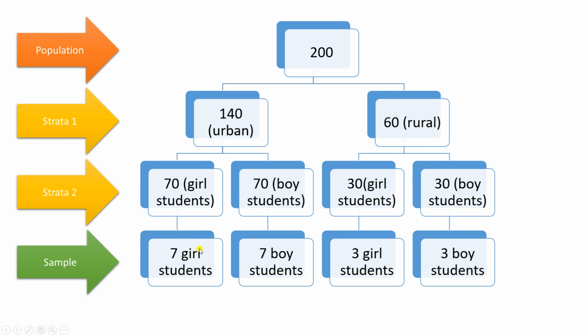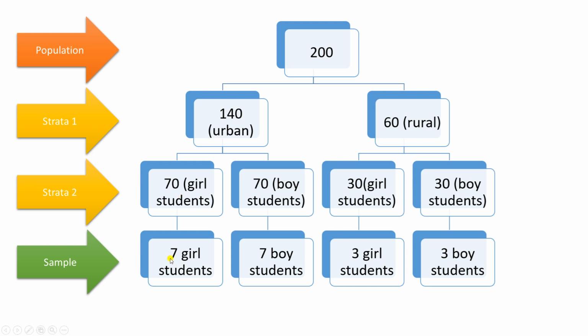Why? Because I am selecting these 7 girl students randomly, 7 boy students randomly, 3 girl students randomly, and 3 boy students randomly from this population. Now, after making this stratification, if I selected 7 girl students from these 70, not randomly but according to my convenience, right?